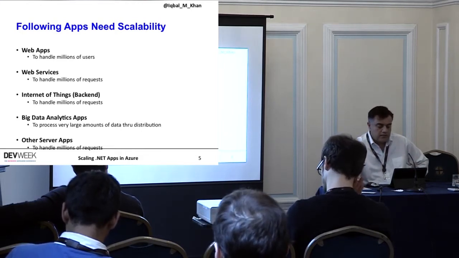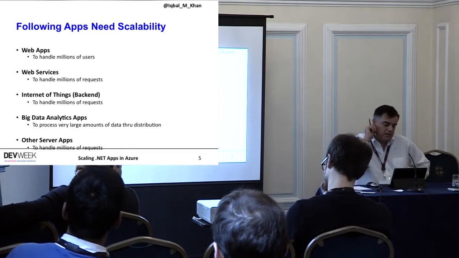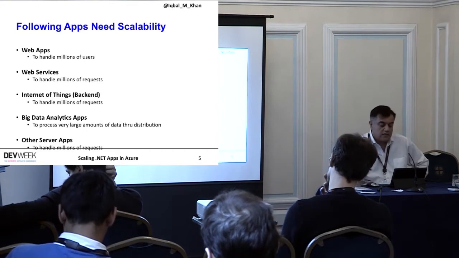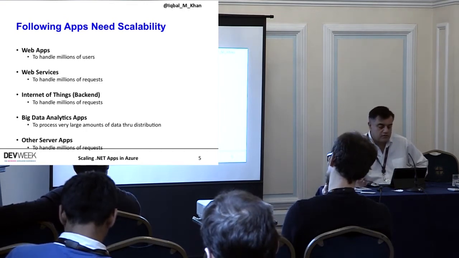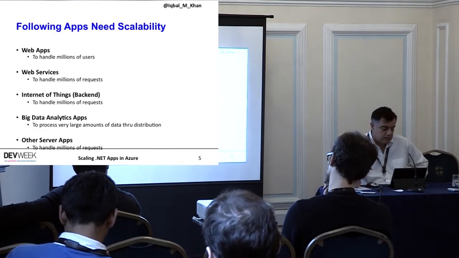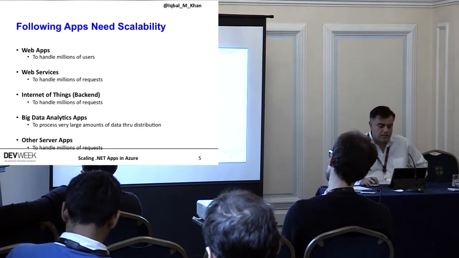These could also be big data analytics. So if you're a large company and you have a lot of data to process, that data has to be processed in a distributed fashion, so that is also a place where you need to scale big time. Or any other server applications that you might have, which just need to process a lot of requests.